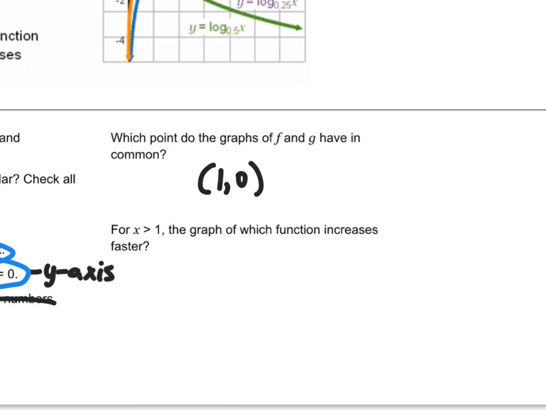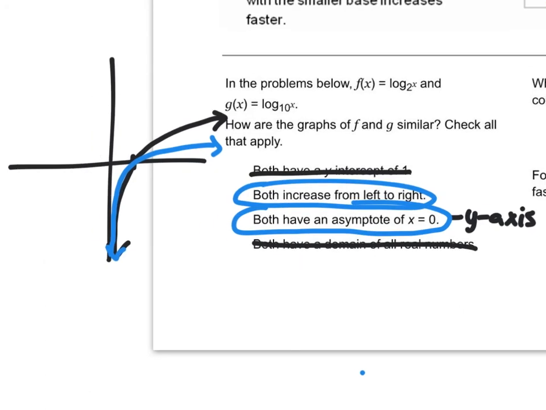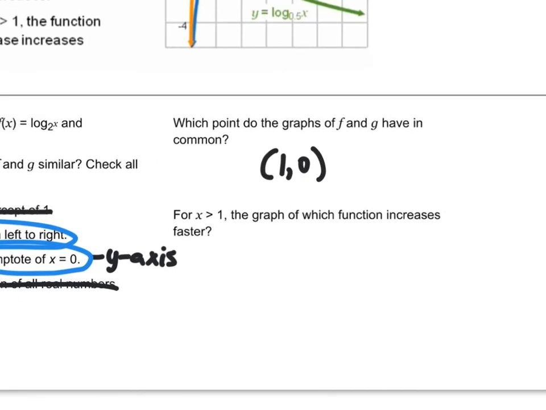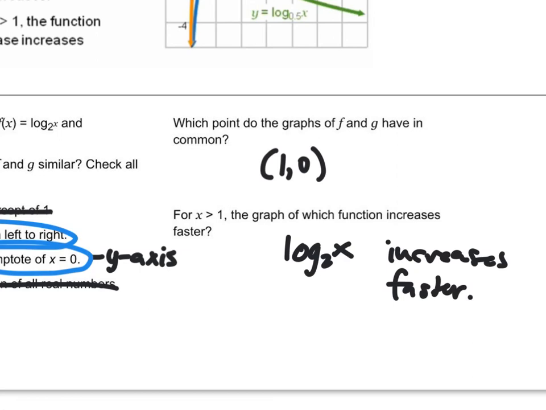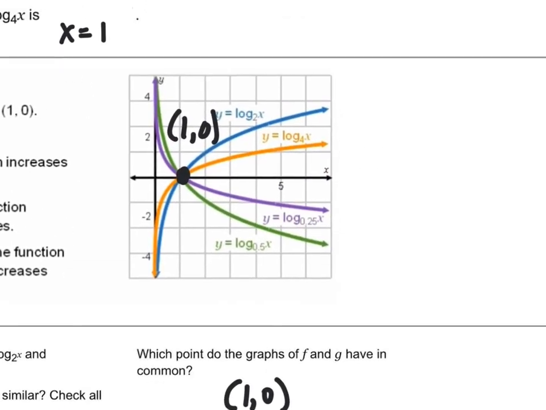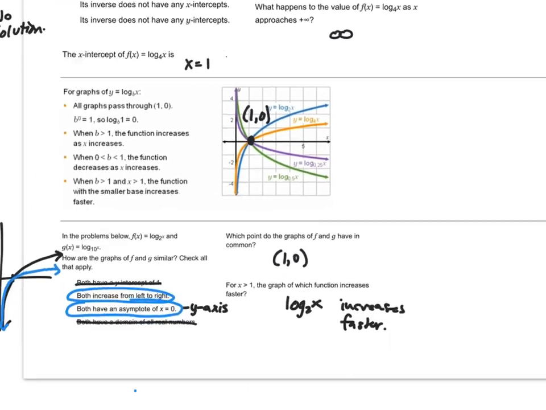And then it says for x greater than 1, the graph of which function increases faster? That would be log base 2. Log base 2 of x increases faster, which means the y values get bigger faster. All right, that's all I got for that page.